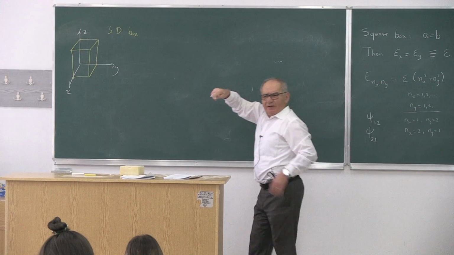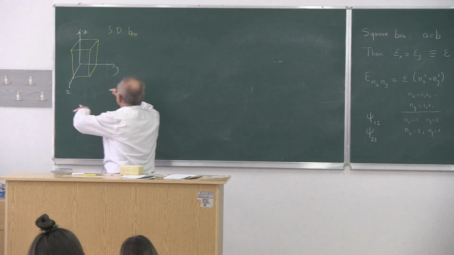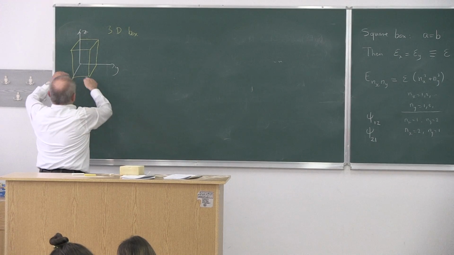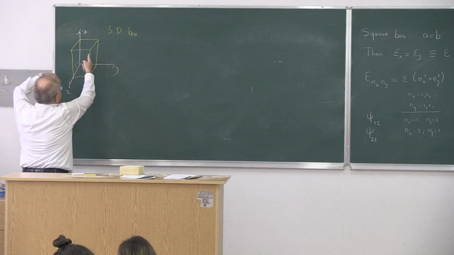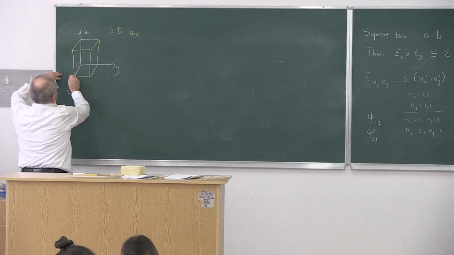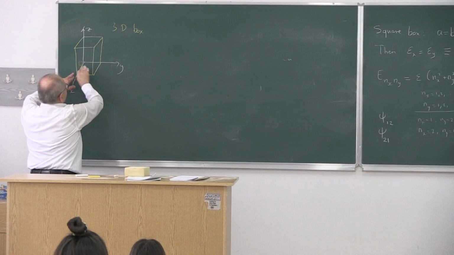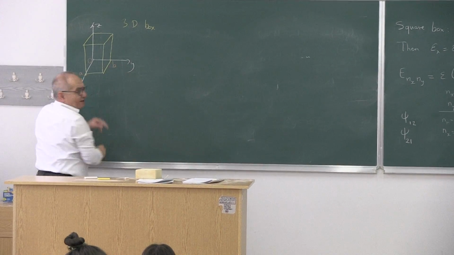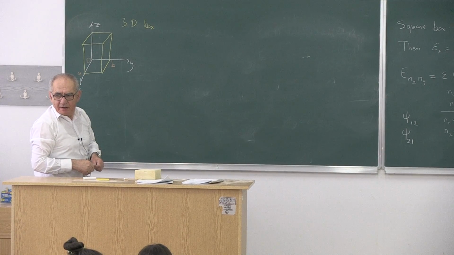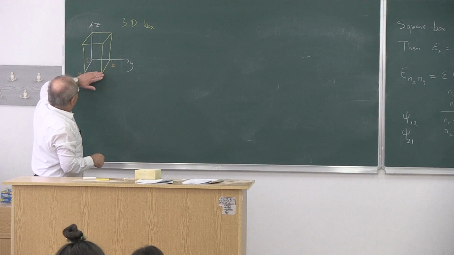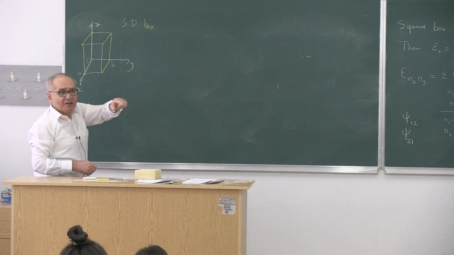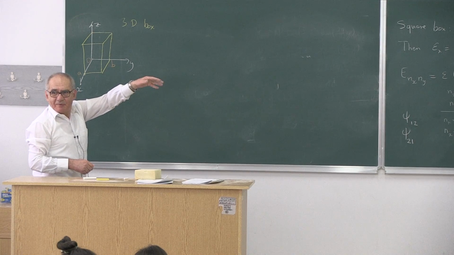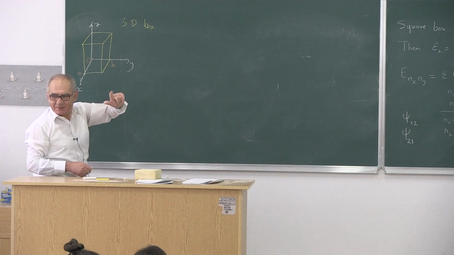Let us keep the similar notation. This is, of course, the origin. Along the x direction, the box size is A. Along the y direction, the box size is B. So this rectangle on the xy plane is just what we have discussed for the particle in a two-dimensional box.